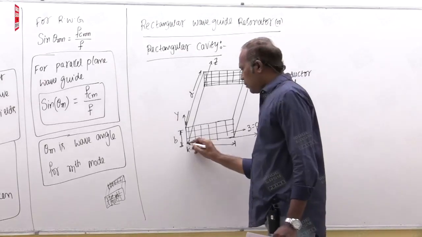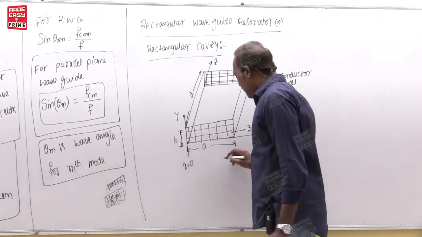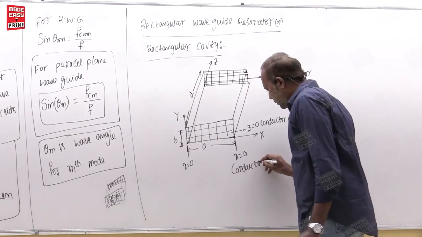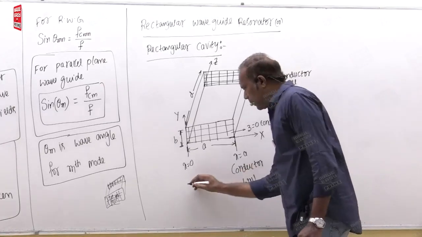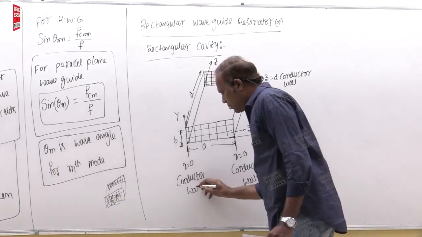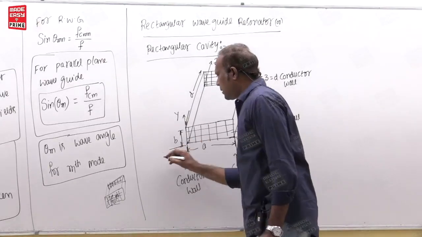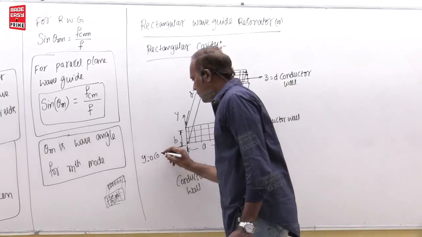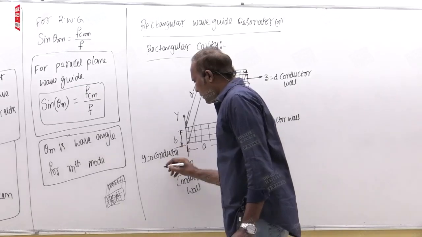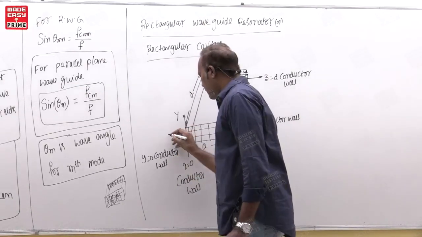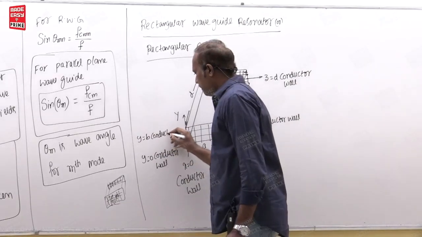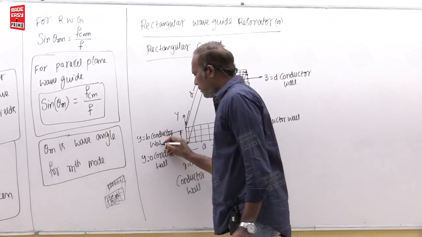Ultimately already you had conductor walls here, x is equal to 0 conductor wall and x is equal to a conductor wall. This one is called y is equal to 0 conductor wall, and this one is y is equal to b conductor wall.